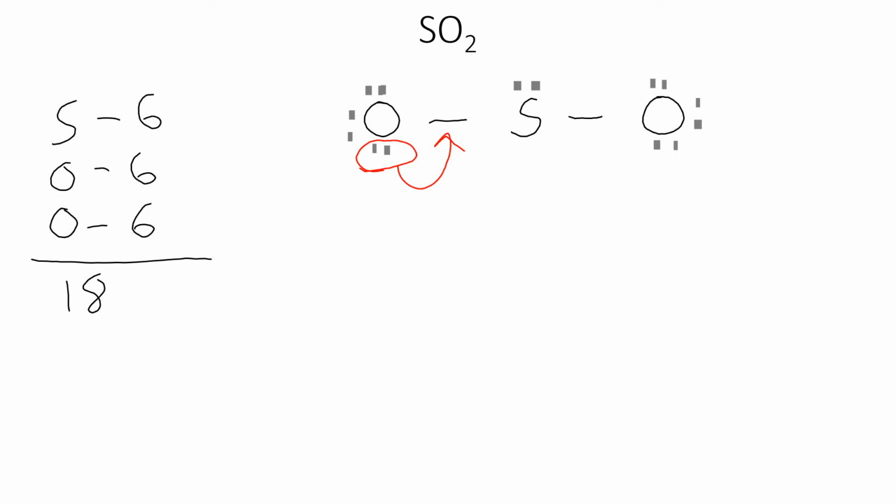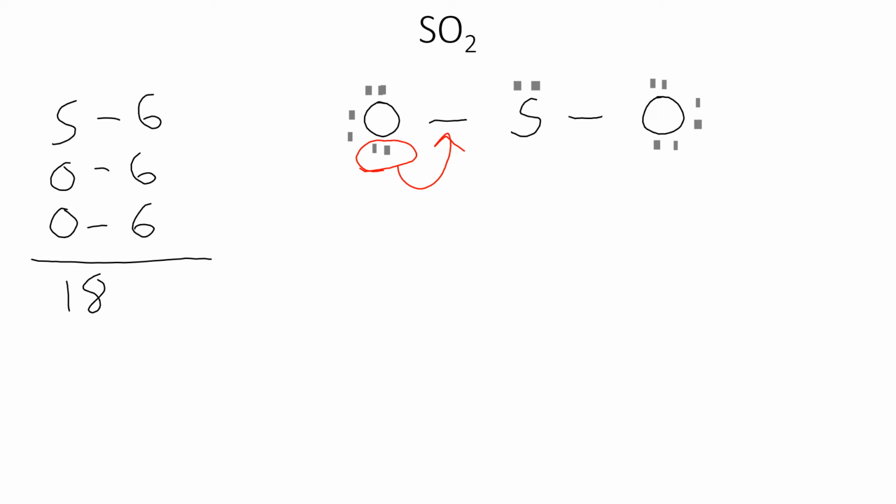And it doesn't matter which outer atom you use or which lone pair you use. I kind of randomly picked the ones I did, and we'll see why it doesn't really matter coming up in a little bit. So I need to take that lone pair that I circled in red and move it in to make another bond with that central atom. So I'm going to have a double bond between the sulfur and the oxygen.